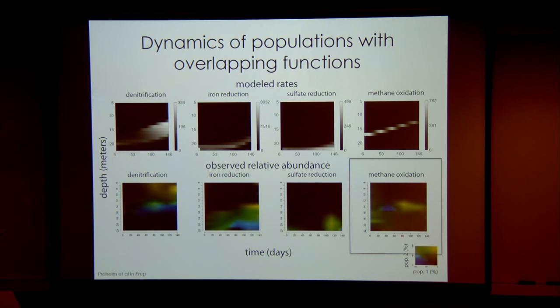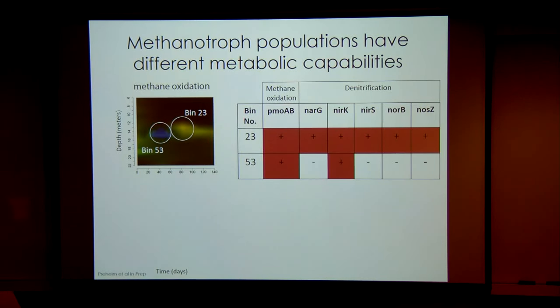And I'm going to point out here this group of organisms that are involved in methane oxidation because we found some interesting differences between their genomes. Even though they do have the methane oxidation gene in their genome, both this organism in blue here, bin 53, and this bin 23, bin 23 actually had the full suite of denitrification genes, so an entire pathway to transform nitrate into N2 gas, which we think they could be using to oxidize methane.